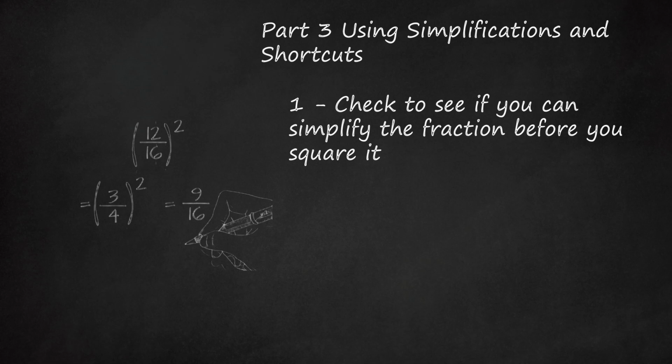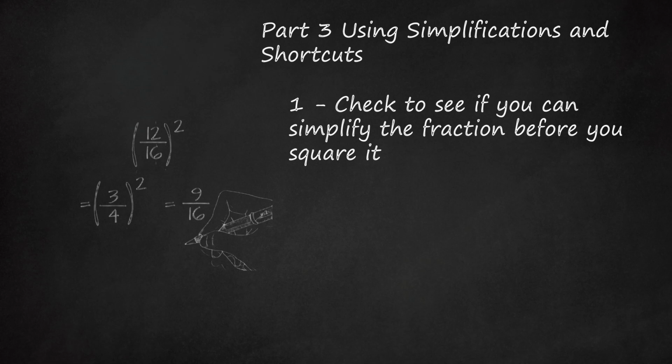For example, (12/16) squared. 12 and 16 can both be divided by 4. 12 divided by 4 equals 3 and 16 divided by 4 equals 4, therefore, 12/16 reduces to 3/4. Now, you will square the fraction 3/4. (3/4) squared equals 9/16, which cannot be reduced.